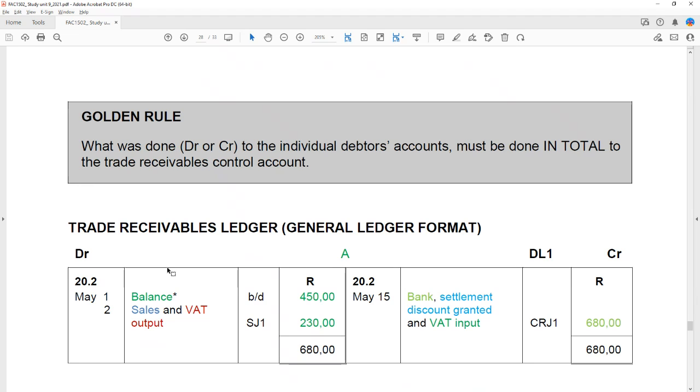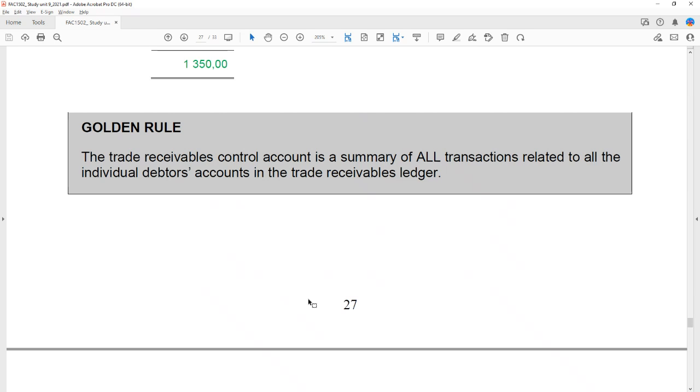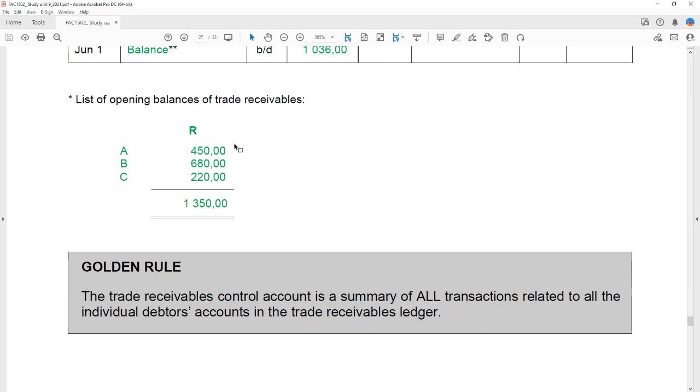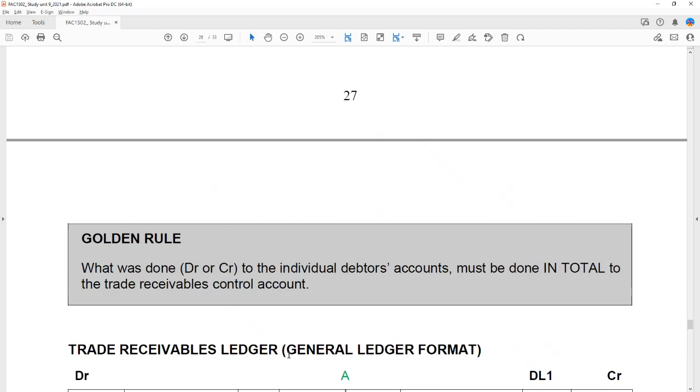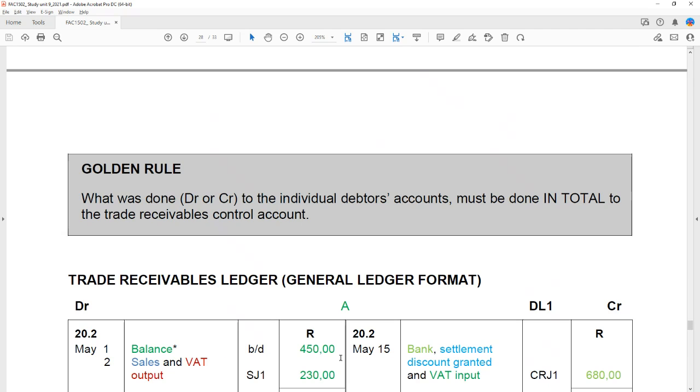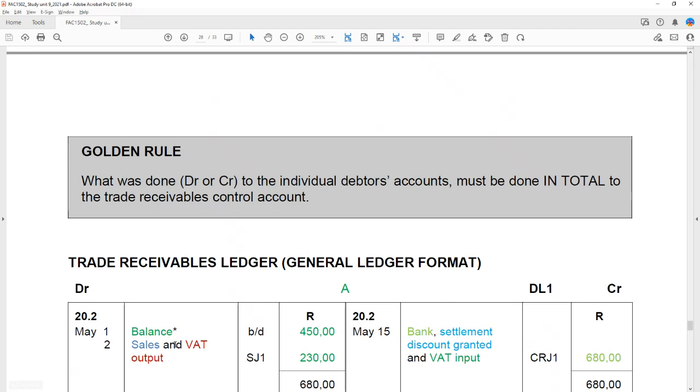Now, we said debtor A had a balance brought down of 450. Like we said here, our balance was brought down for 450. Then we have to also record each and every sales transaction for debtor A.